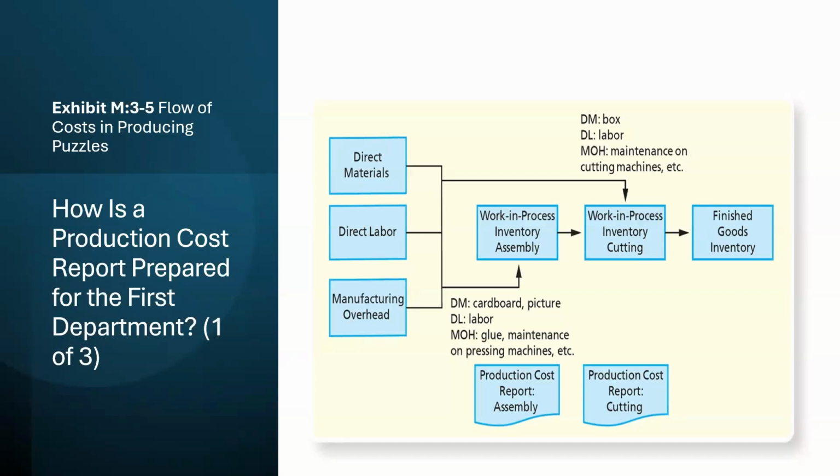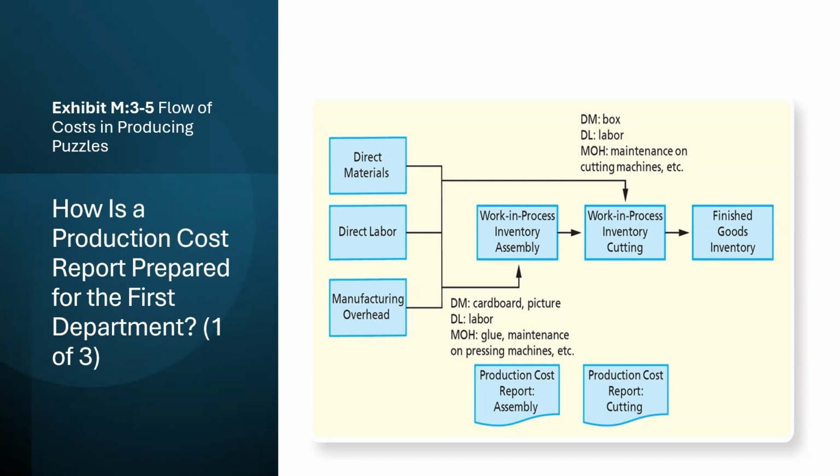Then we have the cutting department, and they cut the board into the puzzle pieces and package the puzzles in boxes. These boxes are then moved to finished goods storage. The production process uses materials, machines, and labor in both departments, and there are two work in process inventory accounts. One is for the assembly department, and the other is for the cutting department.